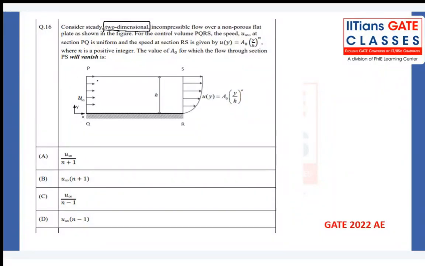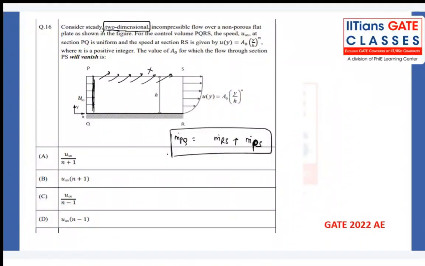That means the flow is uniform over here, the moment it starts hitting the plate. And at section RS, the velocity profile is given something like this. The question asks for the value of A naught for which the flow through section PS will vanish. That means there is no flow here. We know that the mass flow rate at PQ is equal to the mass flow rate at RS plus the mass flow rate through PS.